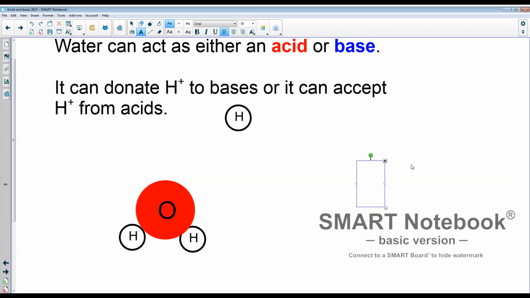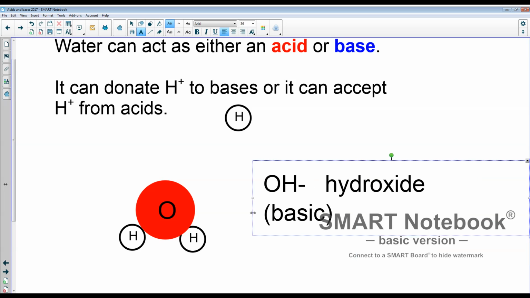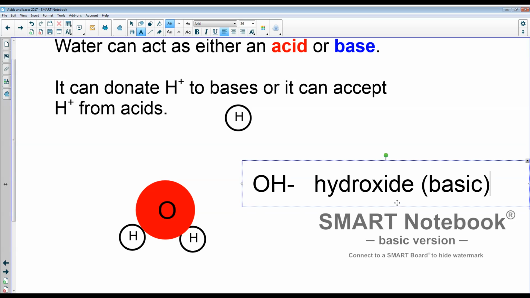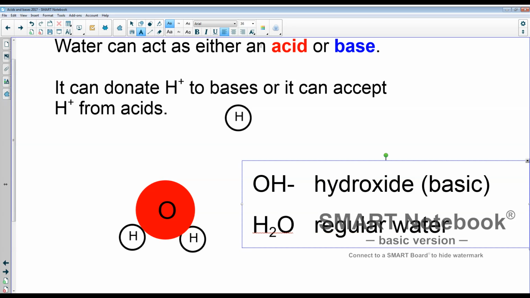OH minus we get when there's hydrogen missing, so that's hydroxide. And this is for basic solutions. H2O is regular water, which we knew.